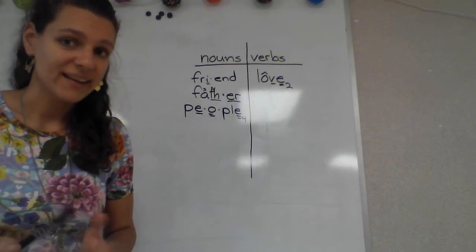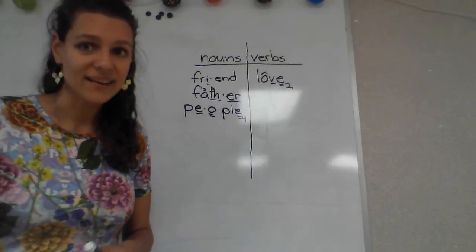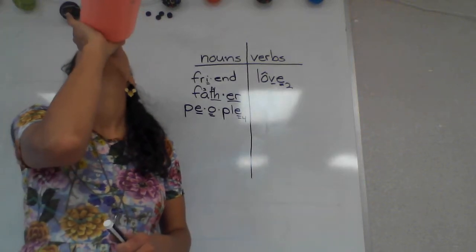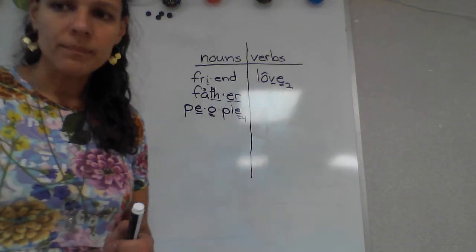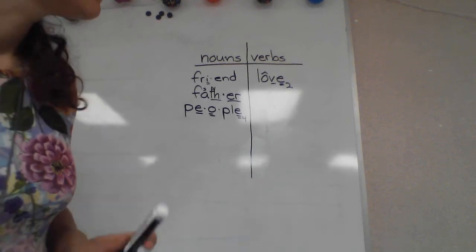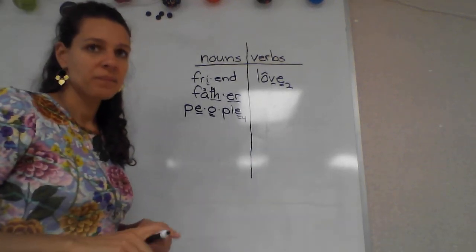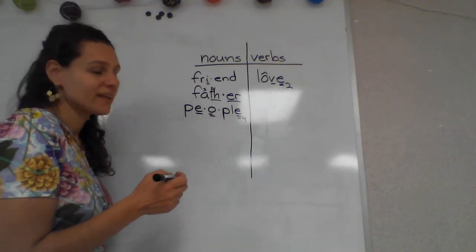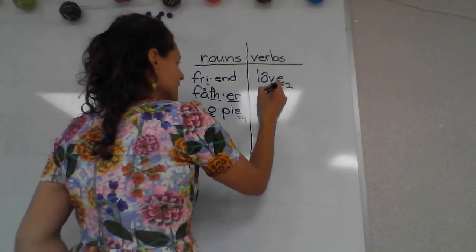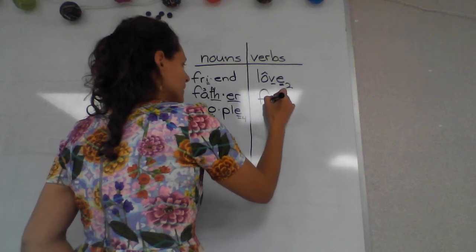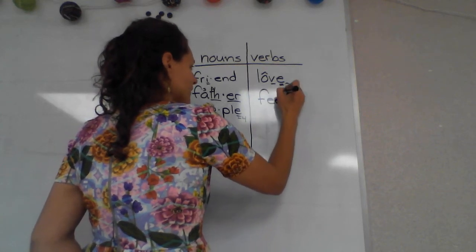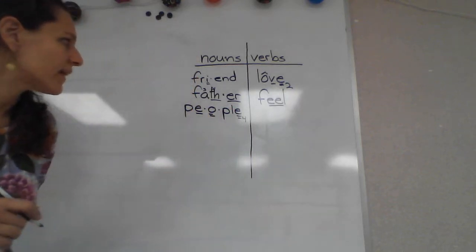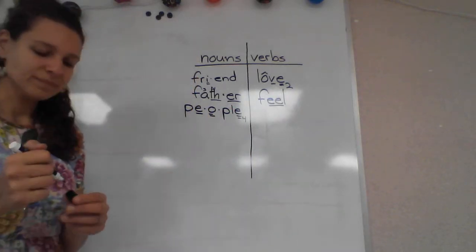Excellent, E-double-E. So write feel. Say the sounds while you write them. You can check and make sure you got that one correctly. Not anything really tricky about this one, like in some of our other ones.